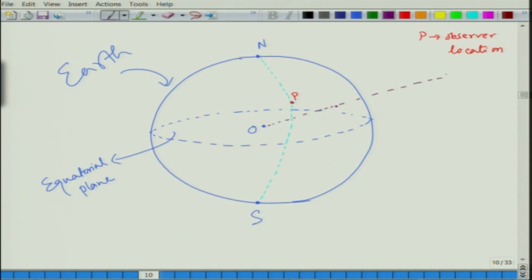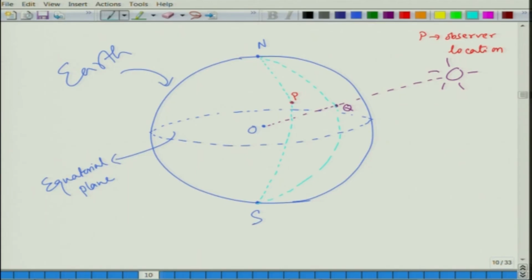So, the sun is somewhere here, okay, and the normal direction of the sun ray that is going directly to the center of the earth, that point let us name it Q. Okay. So, another meridian we can draw through this Q point, right.